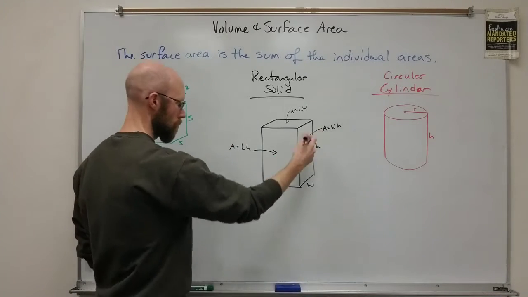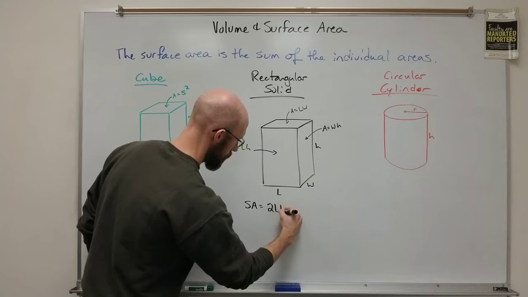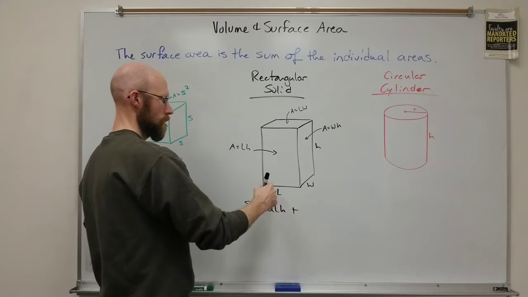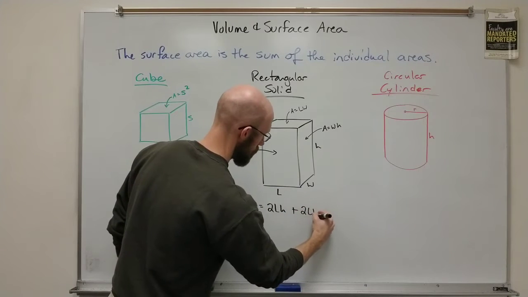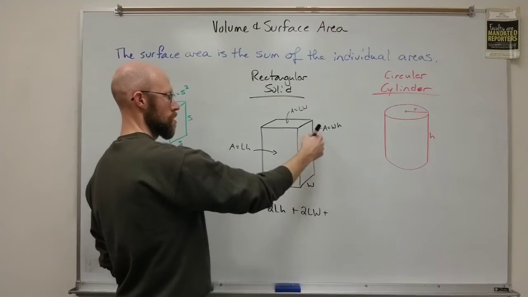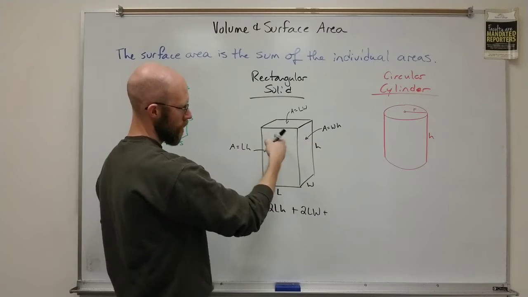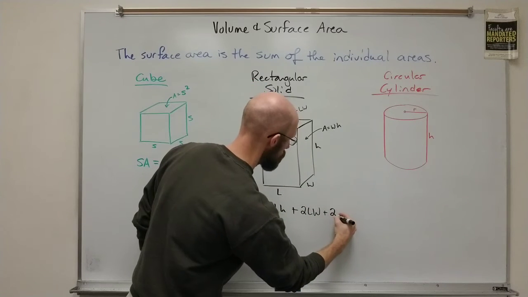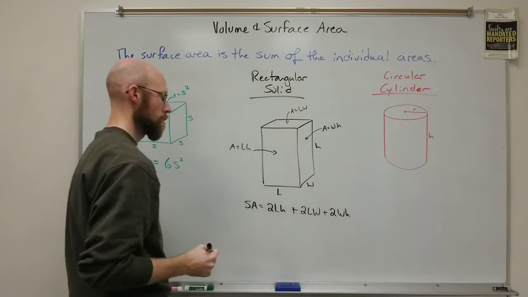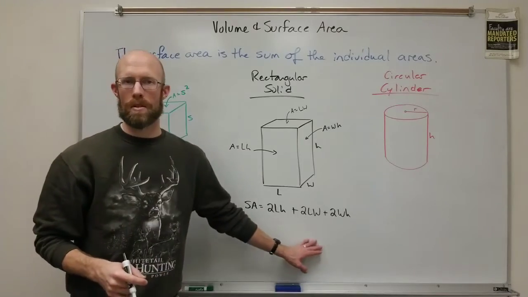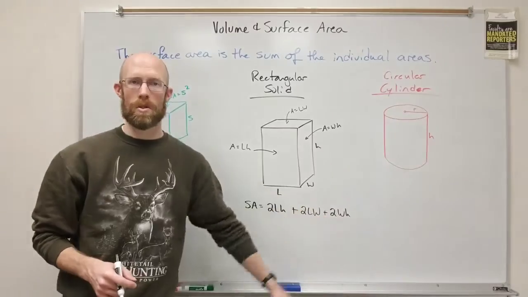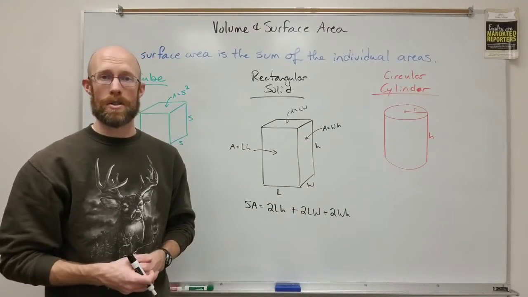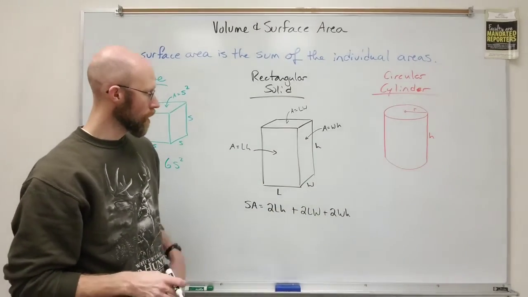So 1 for the front, 1 for the back, that's 2 LHs, plus 2 of the tops, which is 2 LWs, plus 2 of the sides, right and left, which is 2 WHs. And now the order of these doesn't really matter, as long as you get 2 of each of those combinations, you'll have all 6 sides, okay?